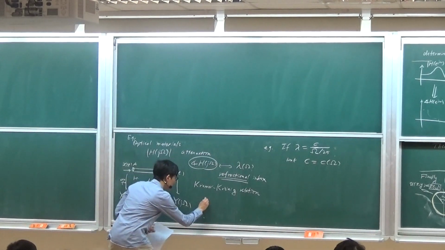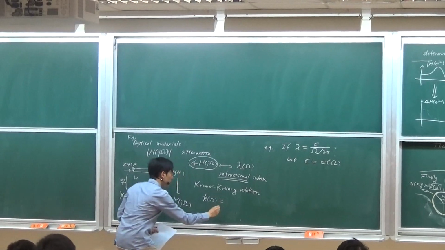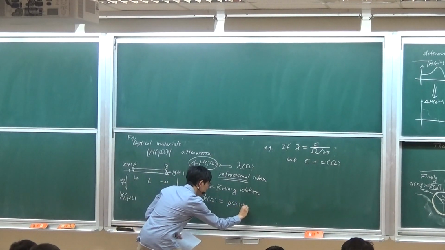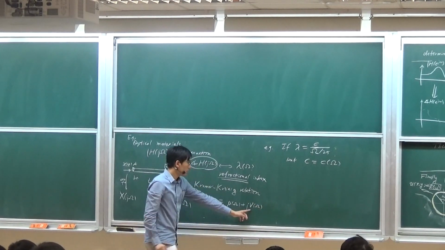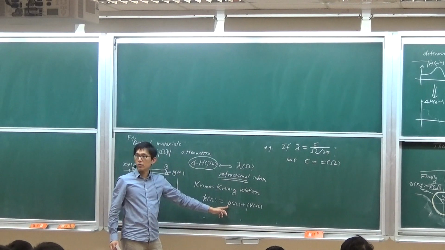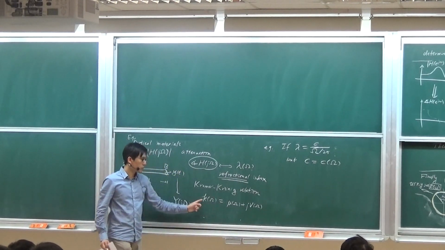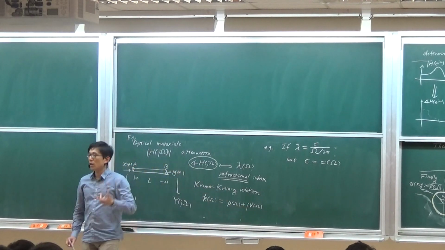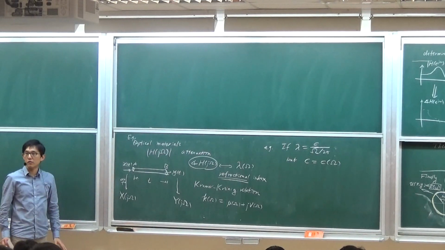The wave number function, k of omega, has a real part, let's say, mu of omega plus j times nu of omega. One of them is a wave number, the other is attenuation. Okay? And the complex sum we call the wave number function. The real part and imaginary part are not independent. In the field of optics, we can discuss issues like this.